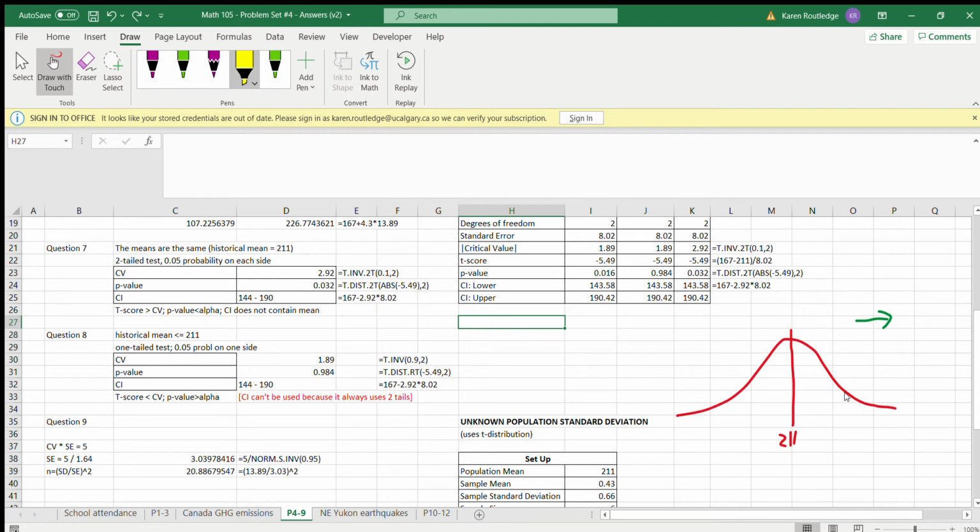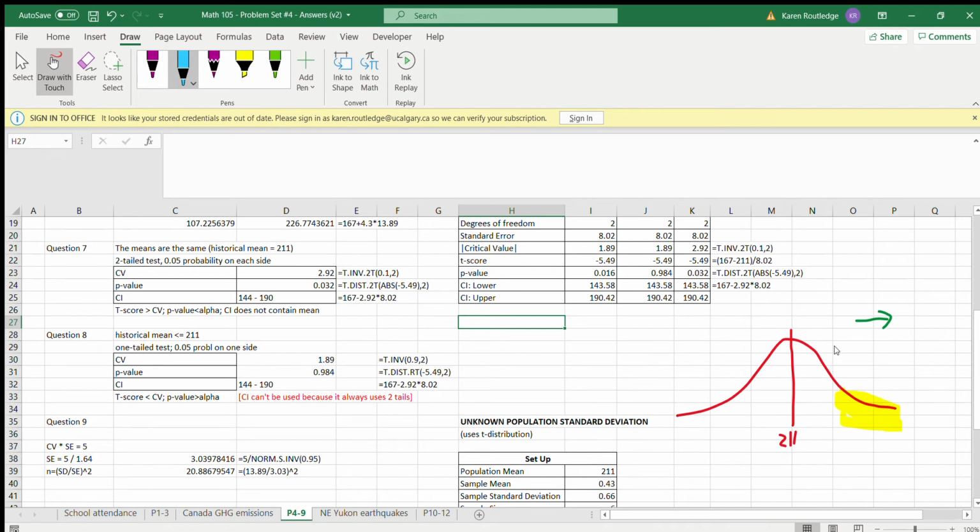Similar to before, I'm going to identify a rejection region. Now my rejection region, I've highlighted here in yellow, needs to match the direction of the results that I care about. So again, I get published if my results are greater than 211, off to the right. So my rejection region is also going to be greater than 211.